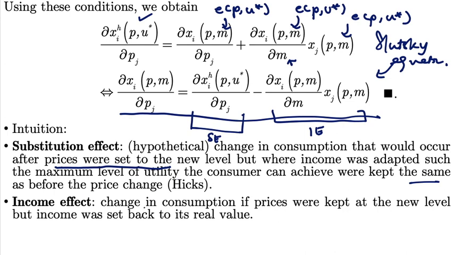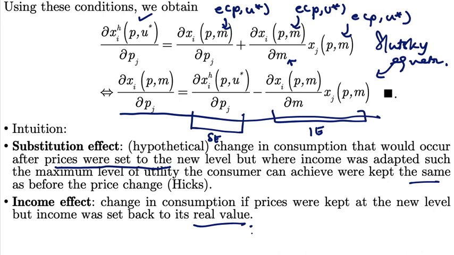So this is Hicksian demand. And the income effect is a change in consumption if prices were kept at the new level, but income was set back to its real value. So that's the intuition of the Slutsky equation.